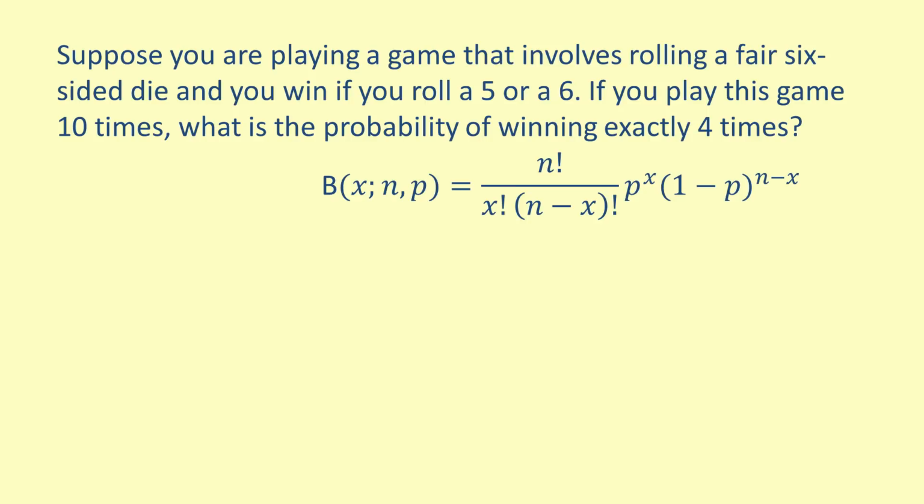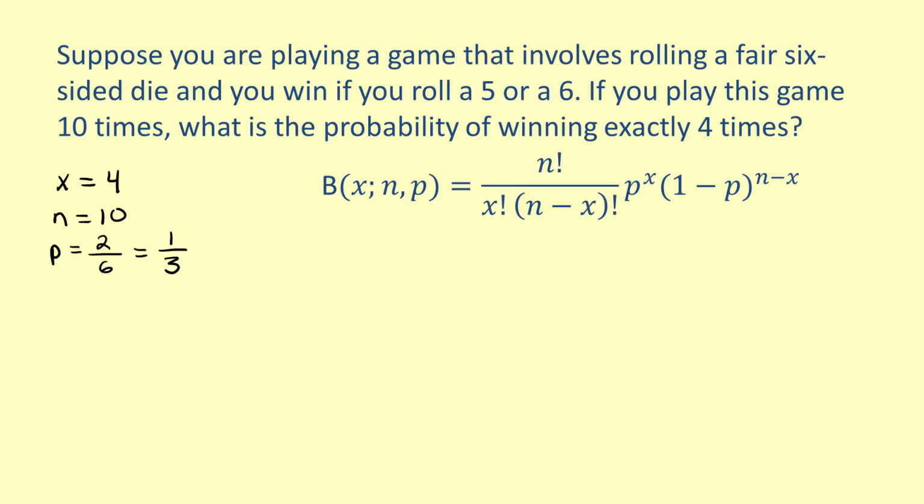In this experiment, the number of successes is x equals 4. The number of trials is n equals 10. Since there are 2 winning rolls out of 6 possible outcomes, the probability of success is p equals 2 over 6, or 1 over 3.